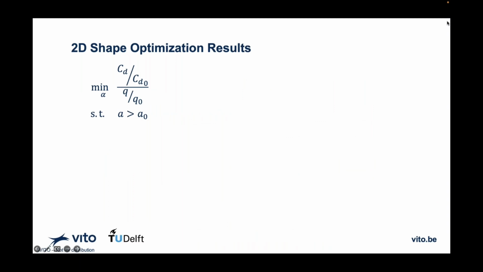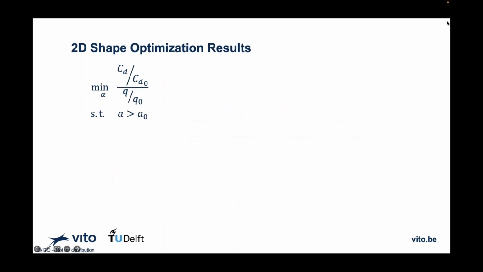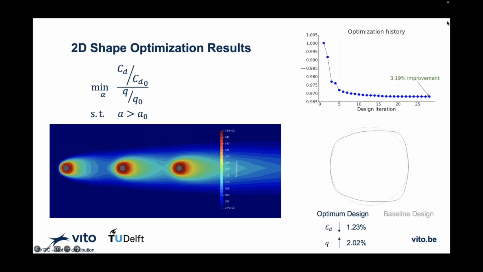In this case, we want to minimize drag by heat transfer, where the objective is normalized, and we are constraining the area. This is similar to the case of Tom Economon, where he published for a single zone case. But now this result is for the available multi-zone case, but with conjugate heat transfer.